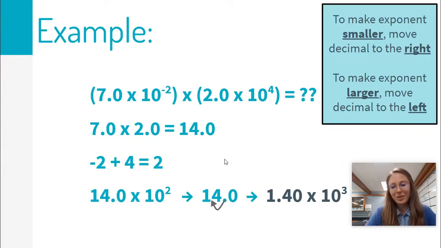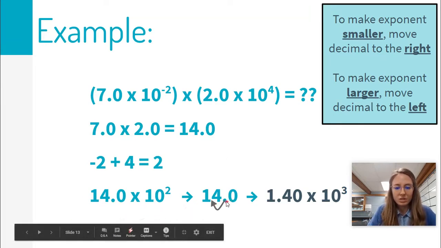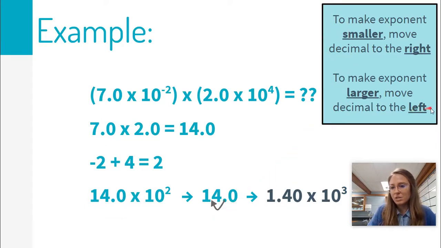However, another part of step 3 was to change the value to fit the scientific notation rules. So far, this has way too many digits to the left of the decimal. We need to move the decimal so that there's only one digit between 1 and 9 to the left of the decimal. So we need to move the decimal one space to the left. And I have these great tips up here for you.